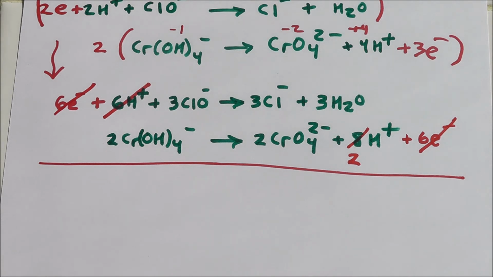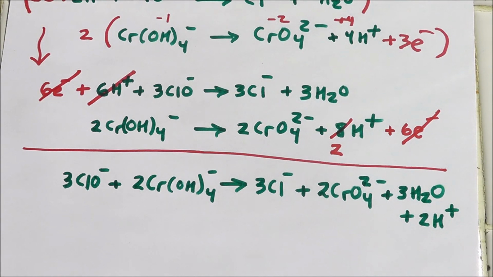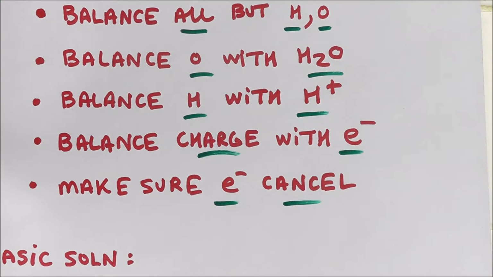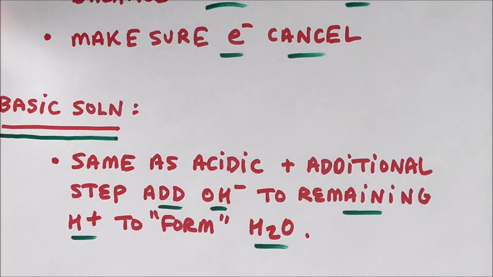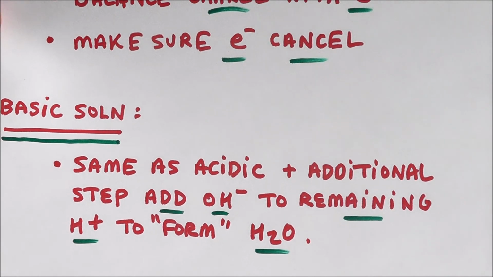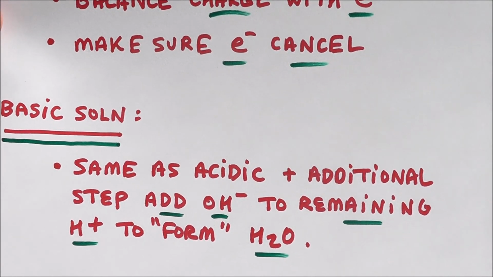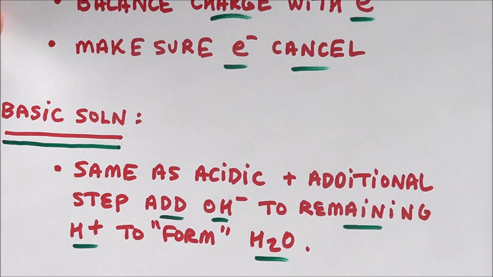And when we do, we're going to have H pluses left over, and that can't happen in basic solution, so we'll get to the last step. There we go. And now what's different with basic solution is the last step. We're going to take those H pluses, and remember, it's kind of like algebra. Whatever you do to one side of the arrow, you've got to do to the other.